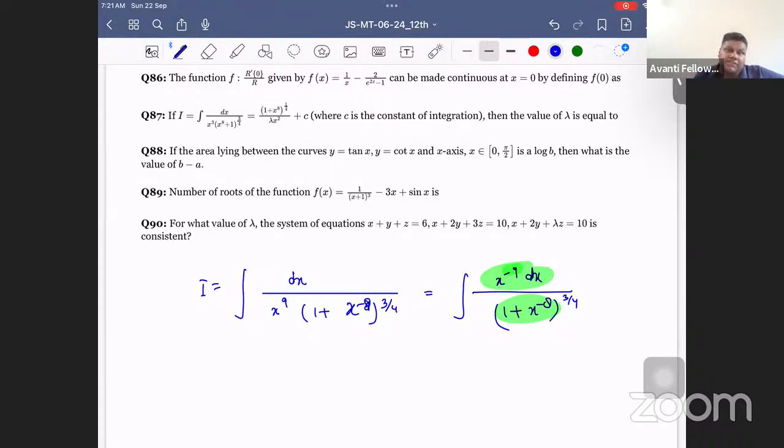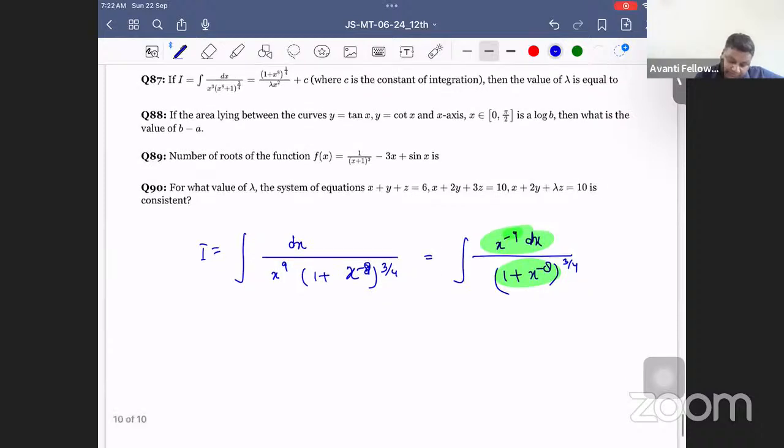If I differentiate this function, this will be a decreasing function. Let's do it. F dash x will be minus 3 upon 1 plus x to the power 4 minus 3 plus cos x.